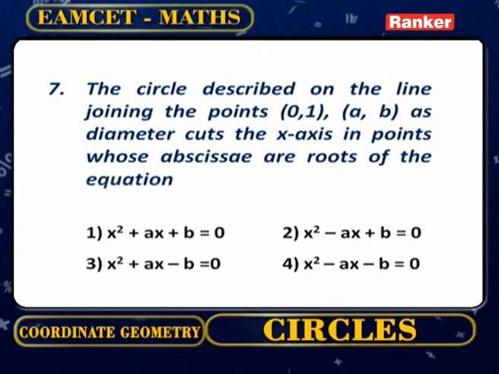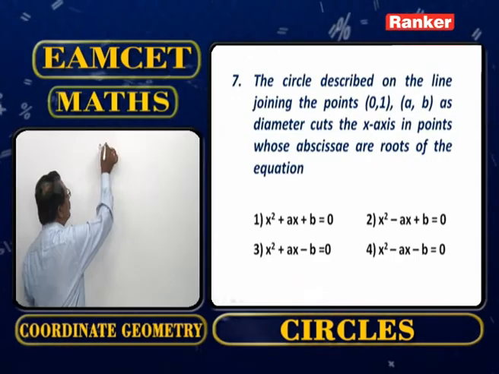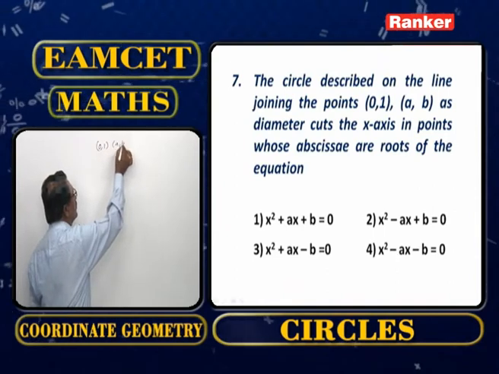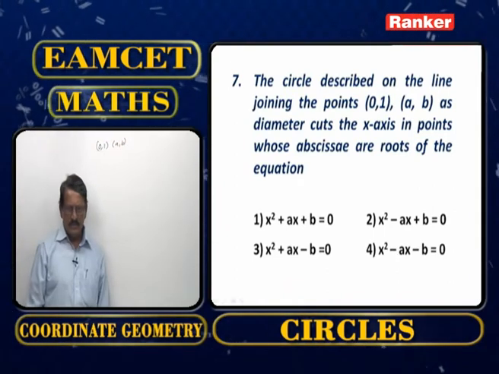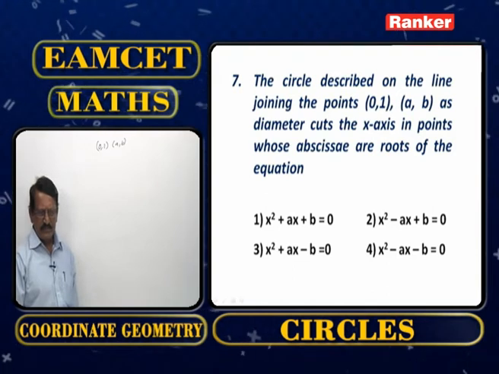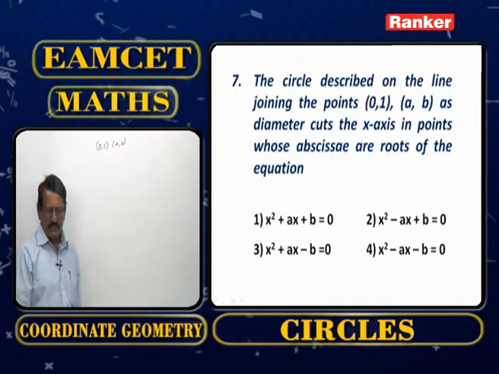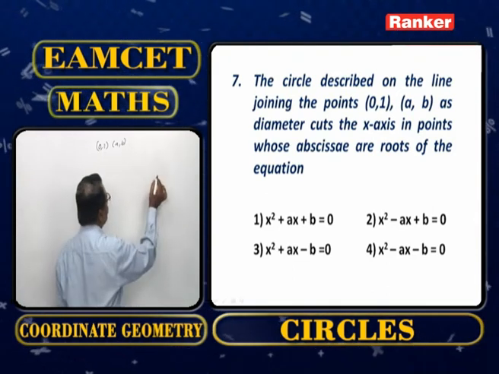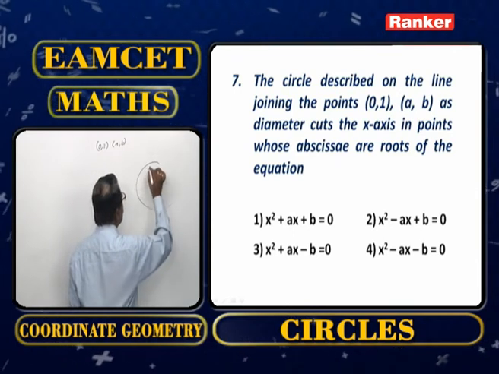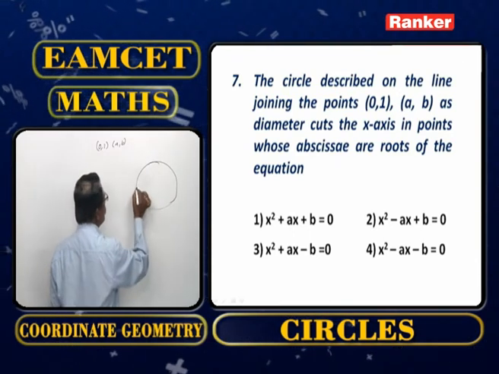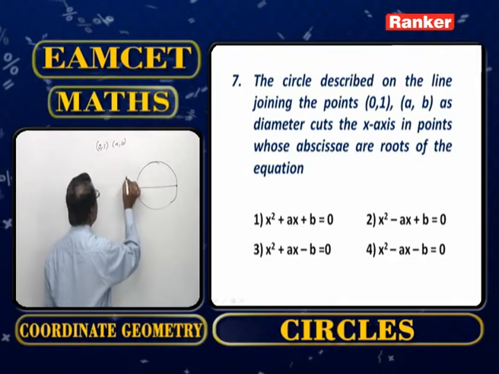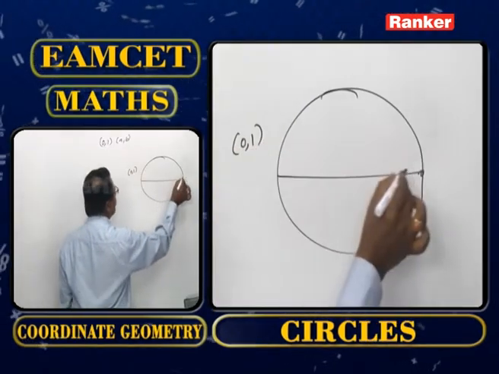The circle described on the line joining the points (0, 1) and (a, b) as a diameter cuts the x-axis in two points whose abscissae are roots of the equation. Now, the circle whose extremities of diameter are given (0, 1), (a, b).